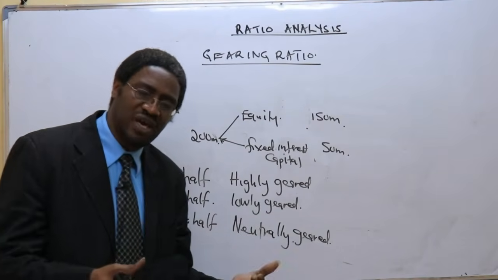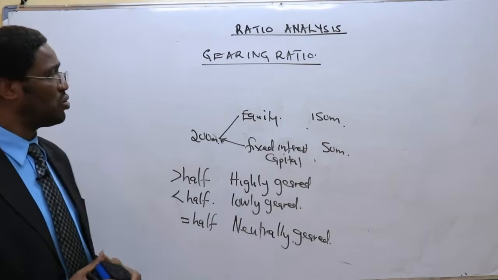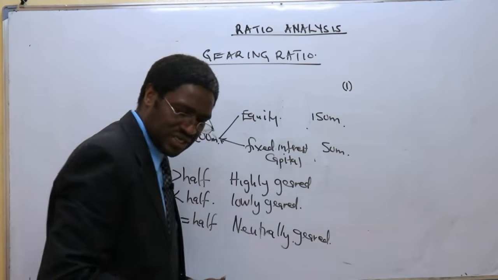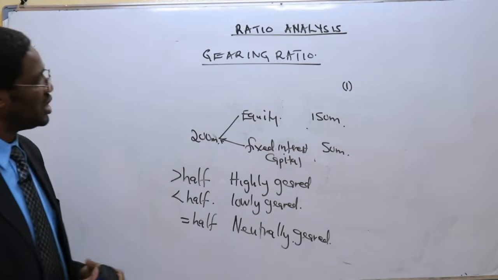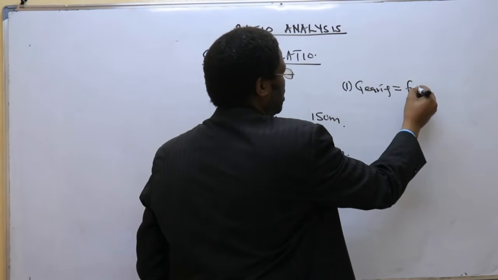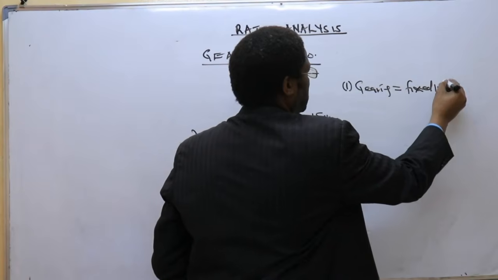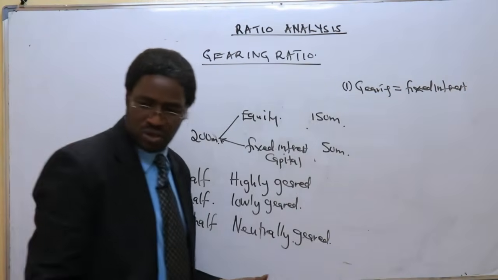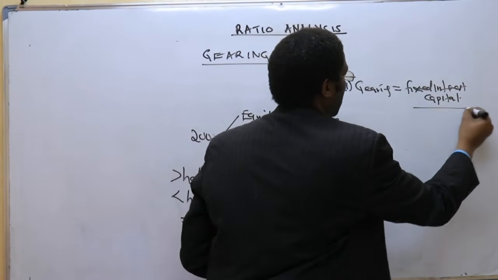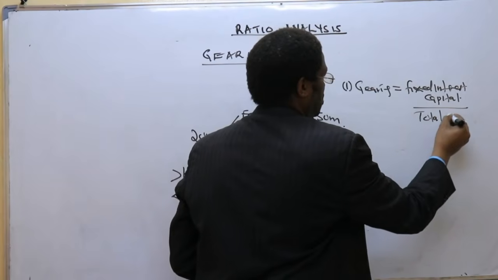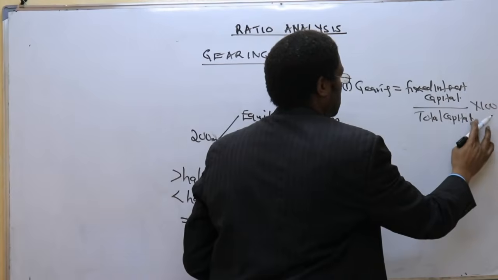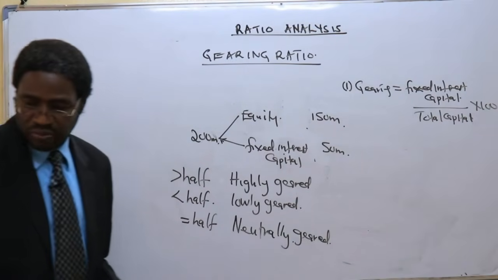So how do you calculate gearing? There are two formulas that one can use. One method is to take the fixed interest capital, divide that by total capital, and multiply that by 100.